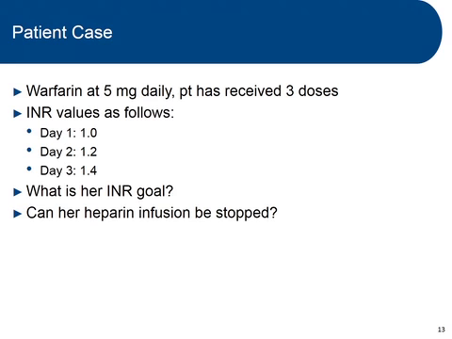So basically, that means you have 2 INRs that are in range. She's not quite at that point yet, so we would continue her heparin for at least a few more days, at least 2 more days, right? Because we say 5 days and an INR that's in range for at least 24 hours. So she's looking at least 2 more days, probably maybe even 3 more days.